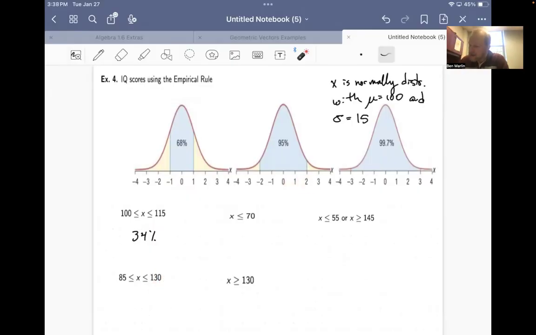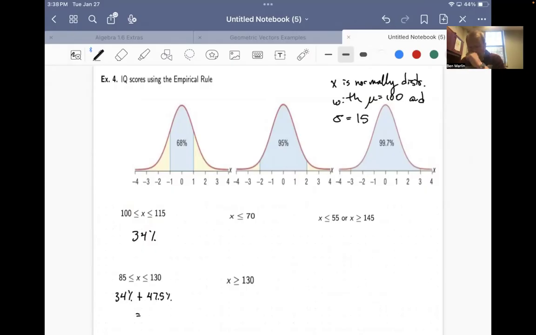So if you take this half, you have the 34%, plus if you take this other half, what is half of 95? 47.5%.